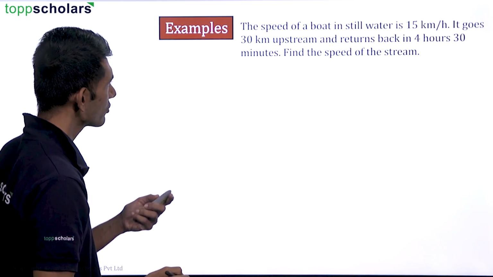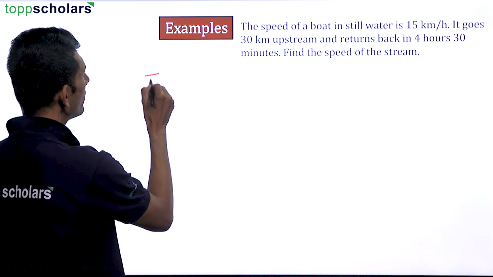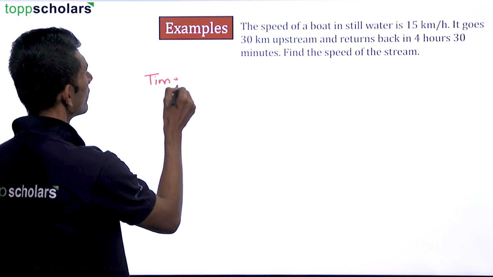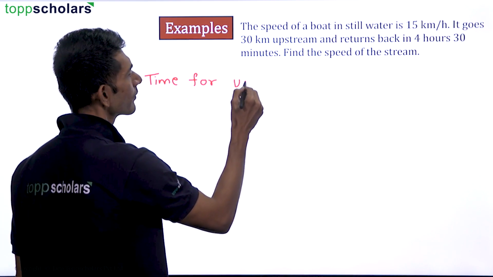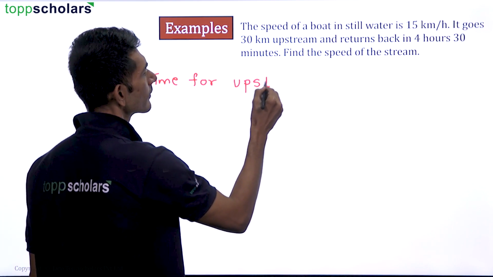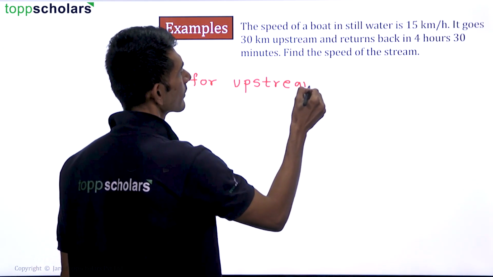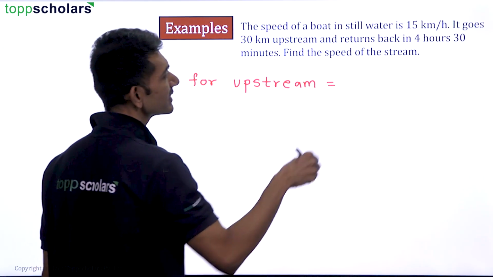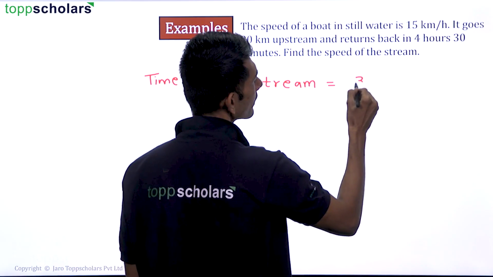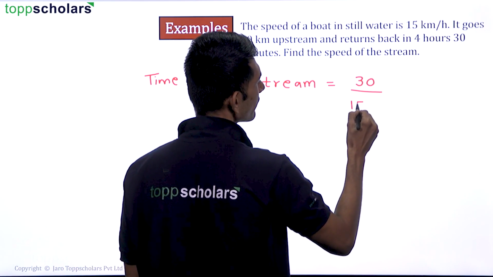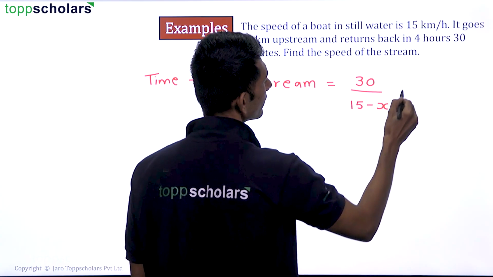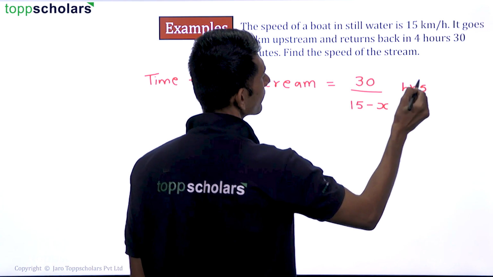Let us have a new page. So the time for going upstream will be equal to distance divided by speed, that is 30 divided by 15 minus x hours.